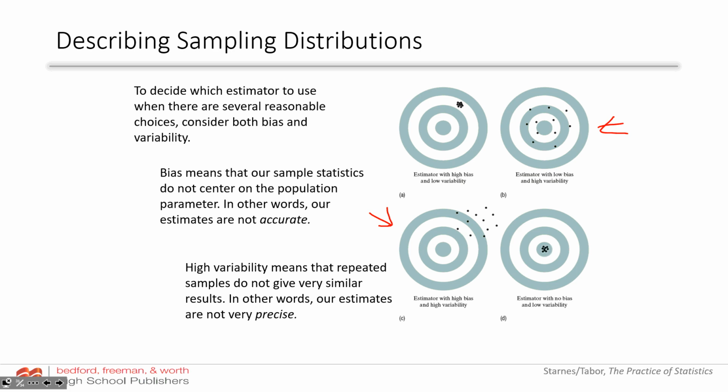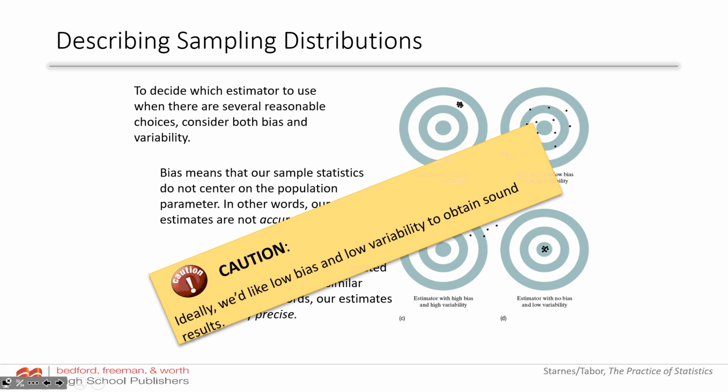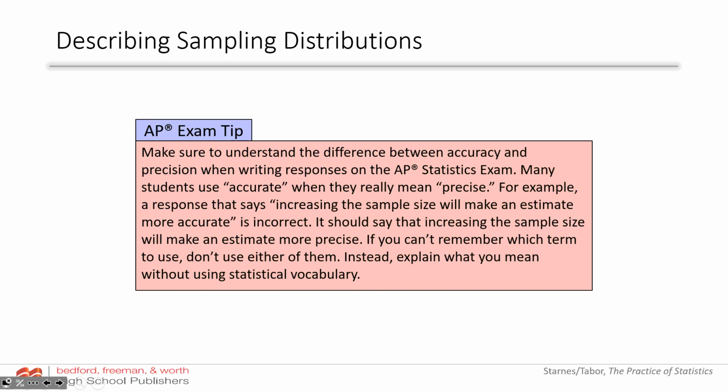So we want this bullseye right here. And again, just a warning, be careful using terminology. You want to make sure that you're writing and saying what you mean to say. A lot of students use the words accuracy or precision incorrectly.